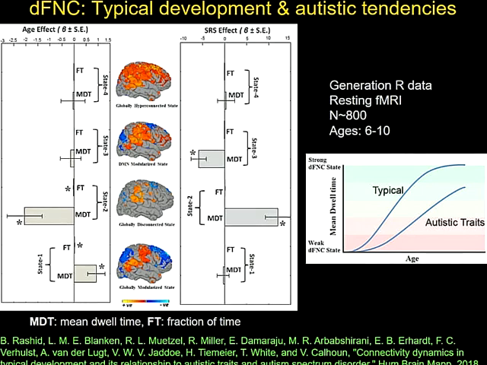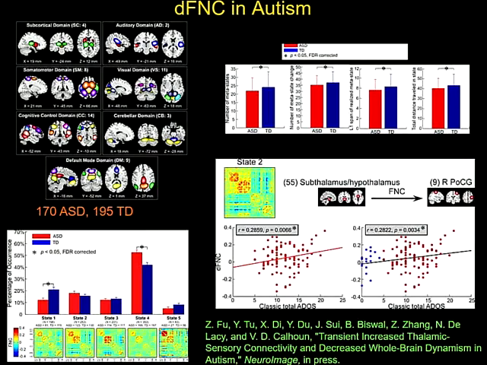If we look at the autistic tendency parameter, the social responsiveness scale, we see that those individuals tended to be in this more weak state even at the older ages. So there was a little bit of a delay there, although this particular analysis wasn't explicitly longitudinal, it was cross-sectional.